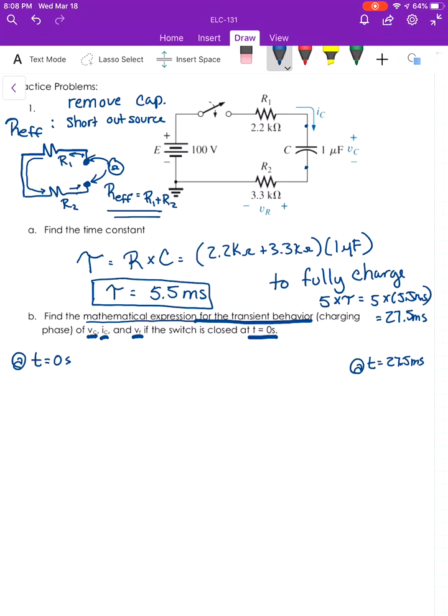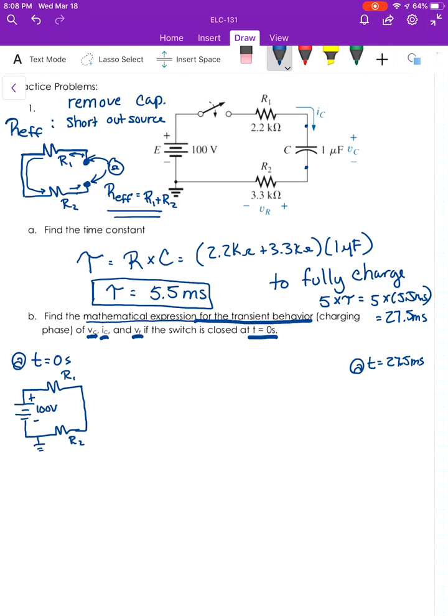Okay, so at t equals 0 seconds, the switch is closed and our capacitor looks like a short circuit. Okay, so we've got R1, R2, and our 100 volt E here. Didn't leave myself quite enough room to put in those resistor values, but we'll come back and get those.